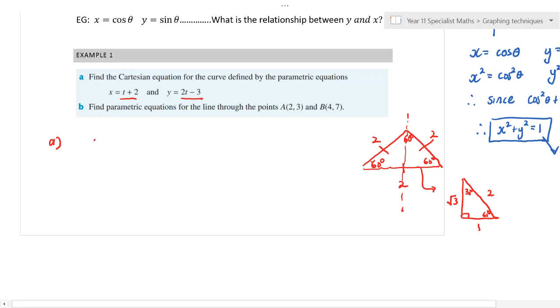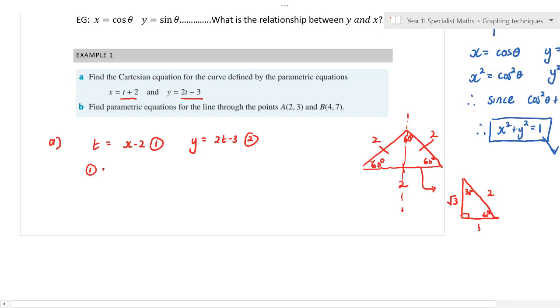So I'm going to say that t is equal to x minus 2, and I'm going to call that equation 1. And y is equal to 2t minus 3. I'm going to call that equation 2.